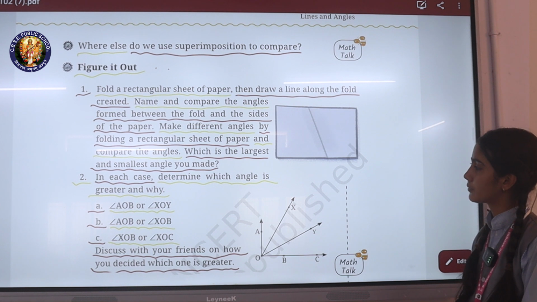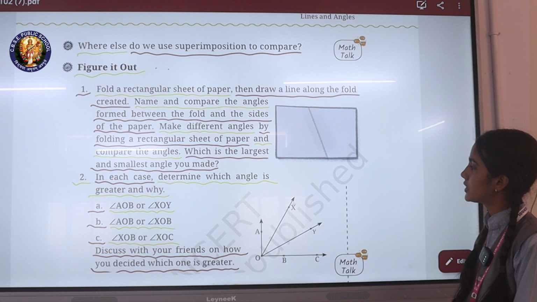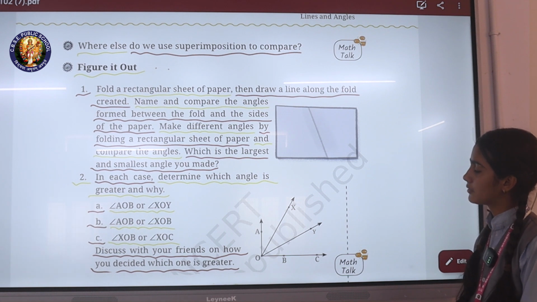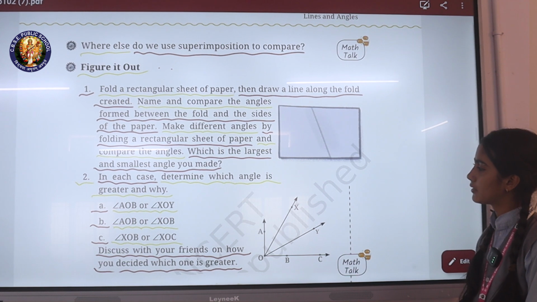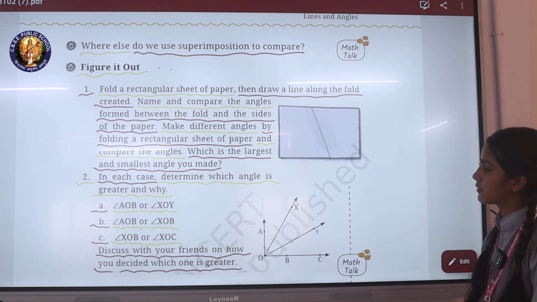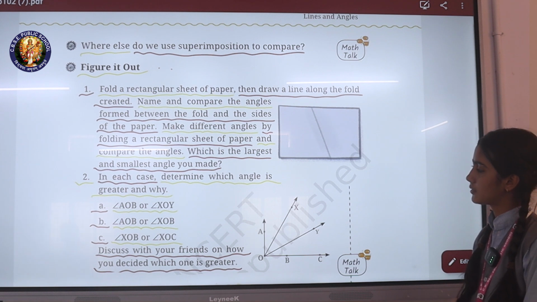Number 2. In each case, determine which angle is greater and why. A. Angle AOB or angle XOY. B. Angle AOB or angle XOB. C. Angle XOB or angle XOC.